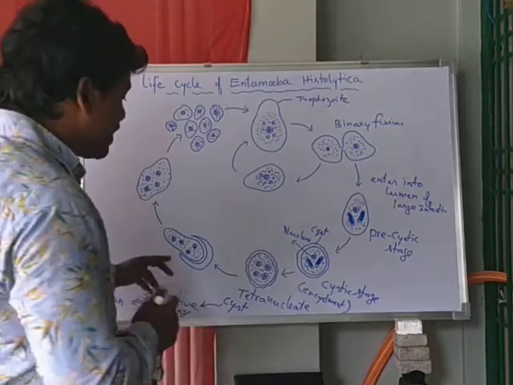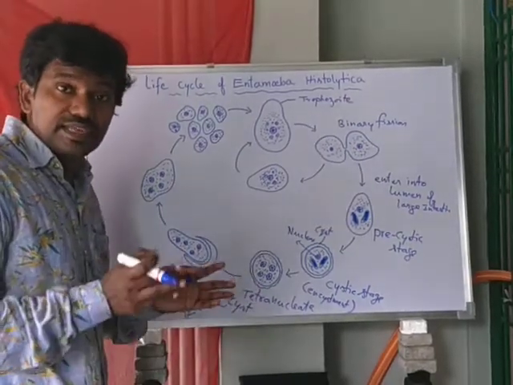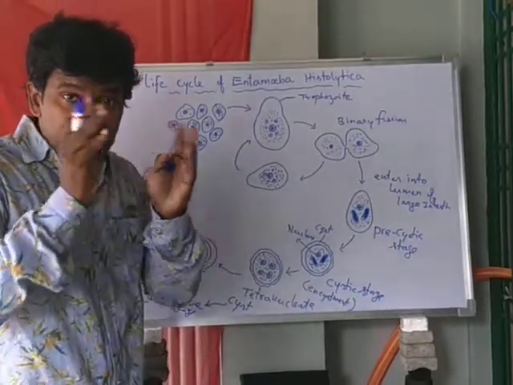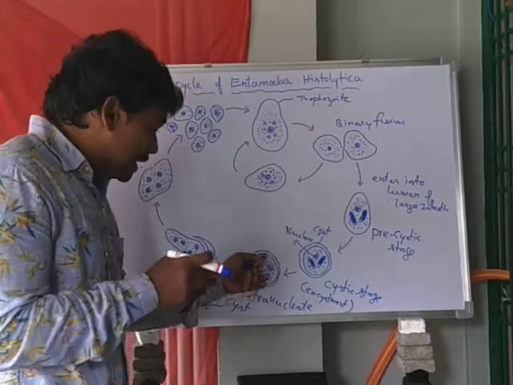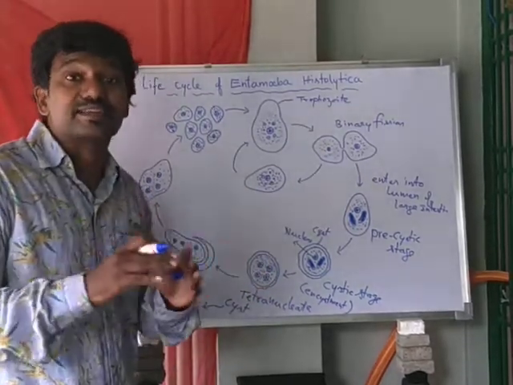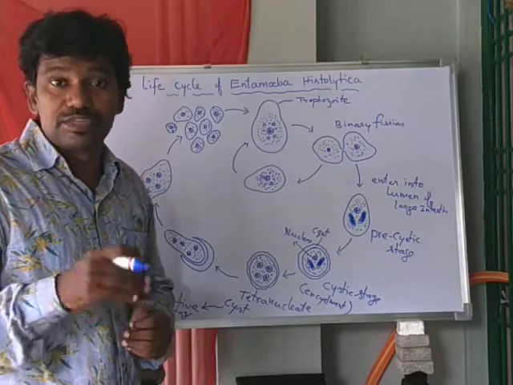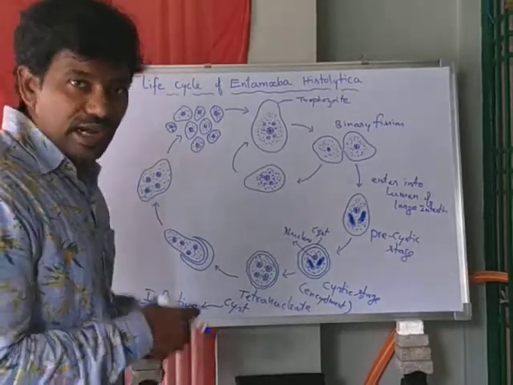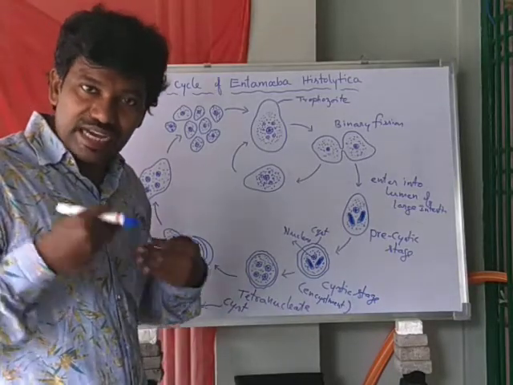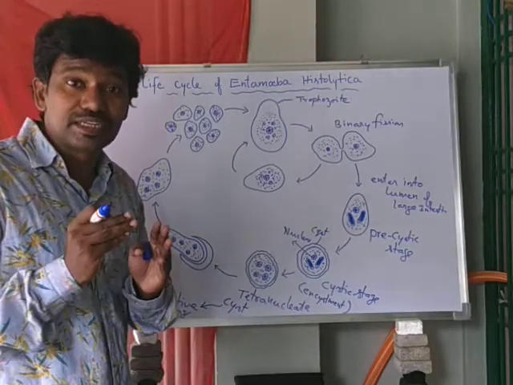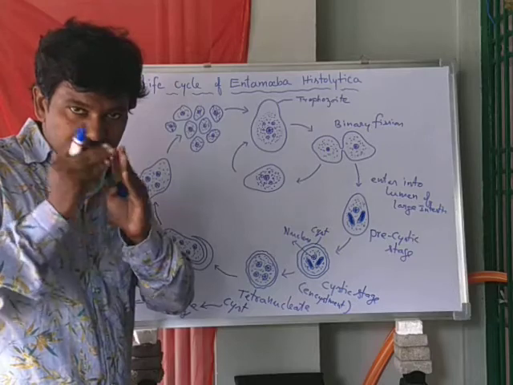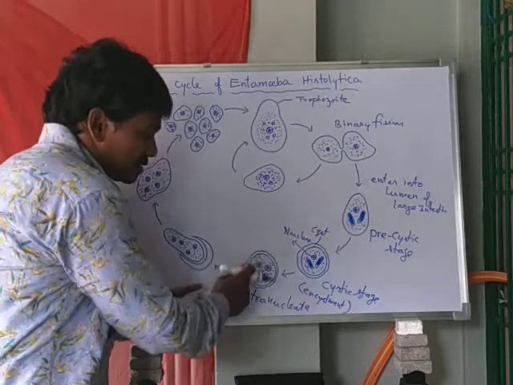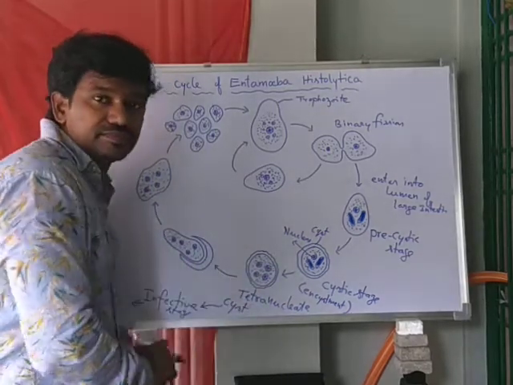When they enter the small intestine, the extra layer of the cyst gets dissolved by the host enzyme, trypsin. Trypsin is our own digestive enzyme, and it dissolves the cyst of the tetranucleate.